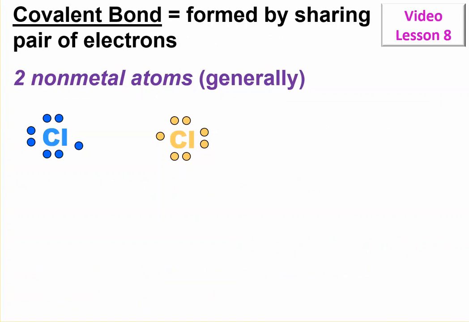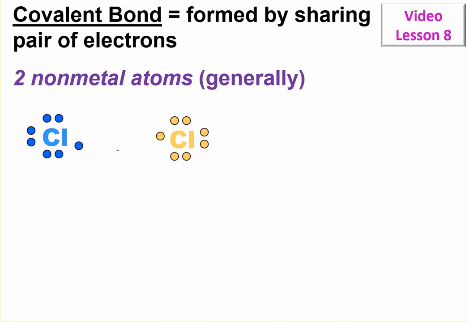Okay, and we're going to draw our Lewis dot structures to show us what's going on. So here's two chlorine atoms, and they each have 7 valence electrons. You can look on the periodic table and see that's what they have.